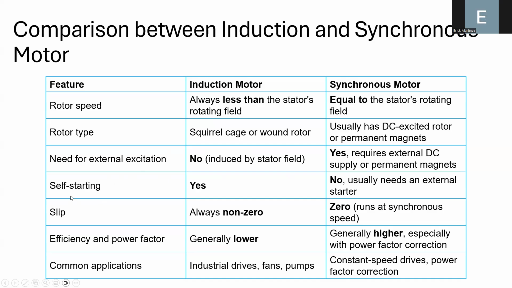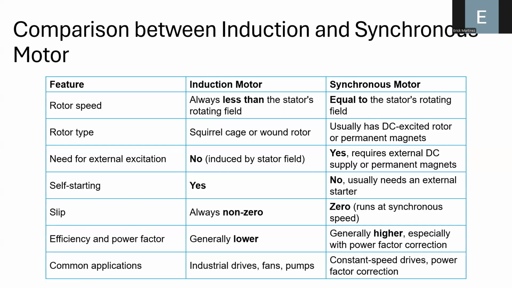Also, the induction motor is self-starting, and in the case of the synchronous motors, they are not self-starting, so you need to apply this DC voltage in the rotor in order to allow the machine to start spinning. Also, in the induction motor, we have a factor called the slip.